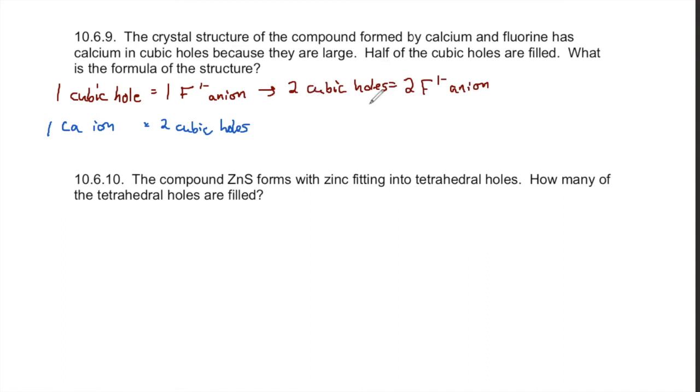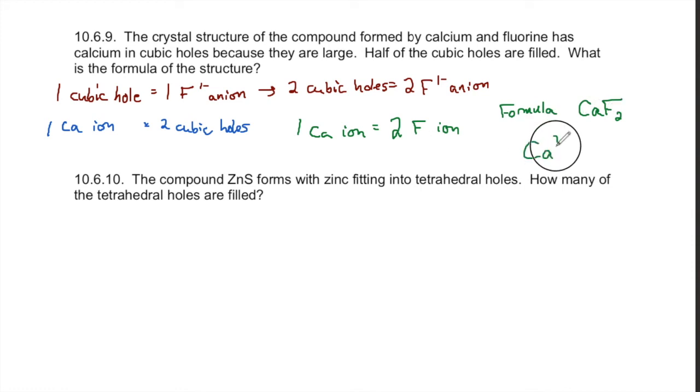So now we see for every 2 cubic holes we have 2 fluoride anions, and for every 2 cubic holes we have 1 calcium cation. So that means we have 1 calcium ion for every 2 fluoride ions, which would make the formula CaF2 for calcium fluoride.